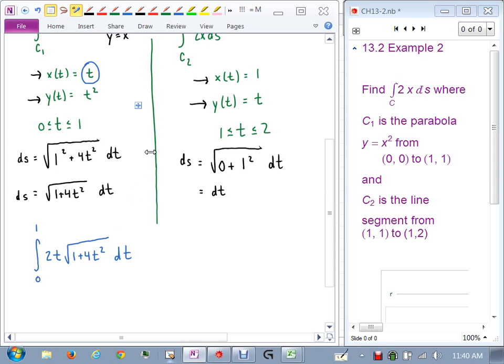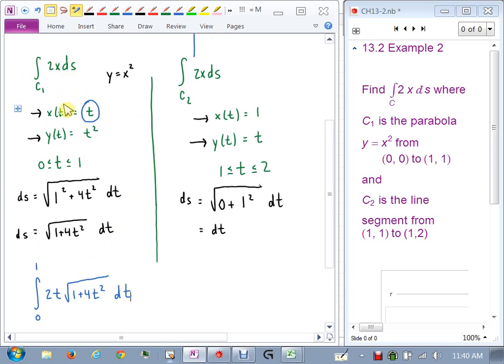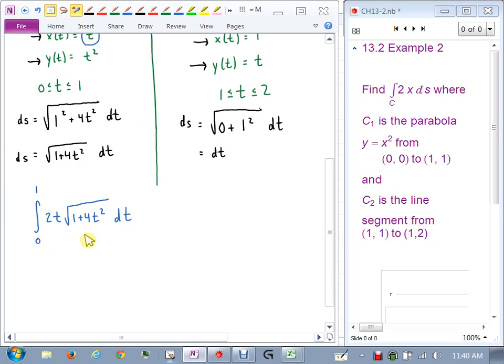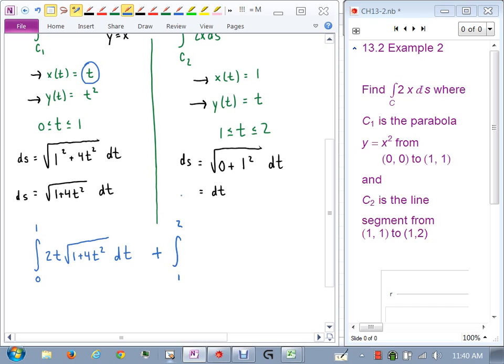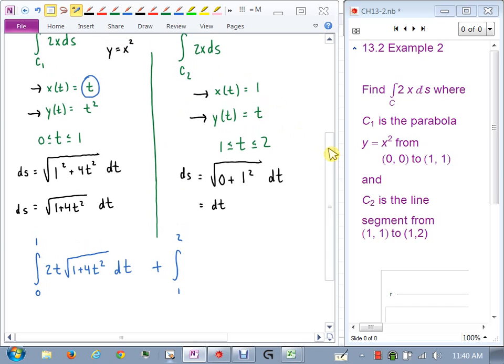So that is this one right here. And then plus, what? 1 to 2. 2x is going to be for us what? 2, right? 2 times 1? Because our x is 1 here. So this is just 2. It's a constant. And then ds, which was just dt.